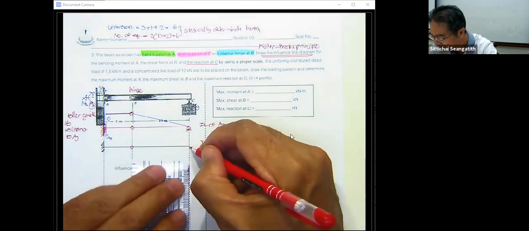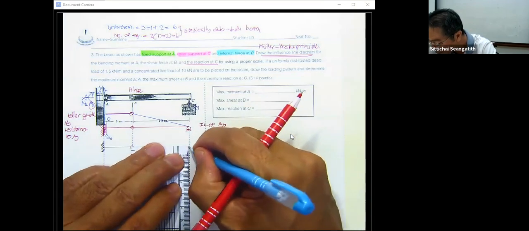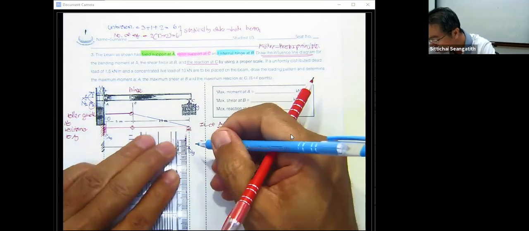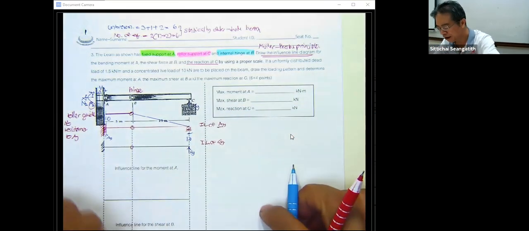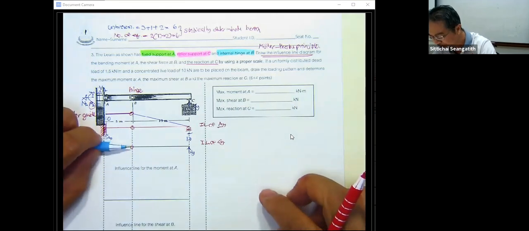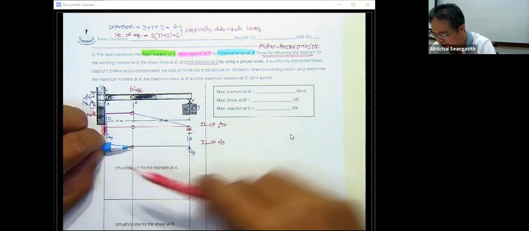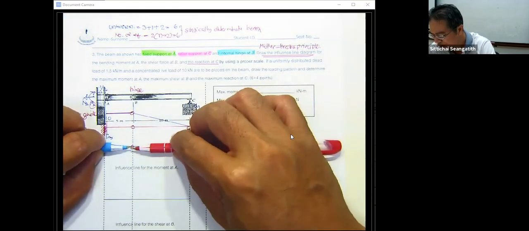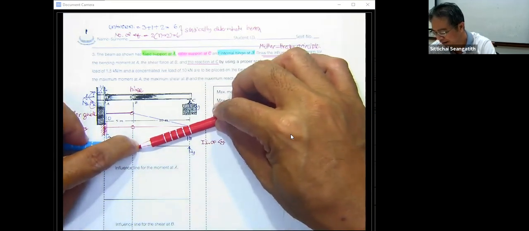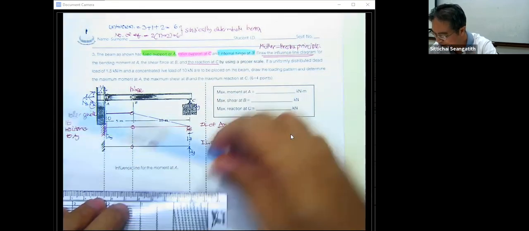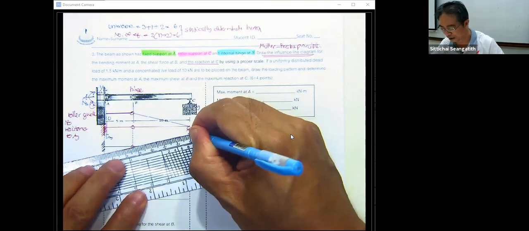We take the roller out and put in C sub y to move this one for 1.0 unit. When this occurs, this is going to be the rotating point because this portion is fixed here. So when you move, it's going to move something like this. So the shape of the influence line of C sub y is going to be something similar to here.